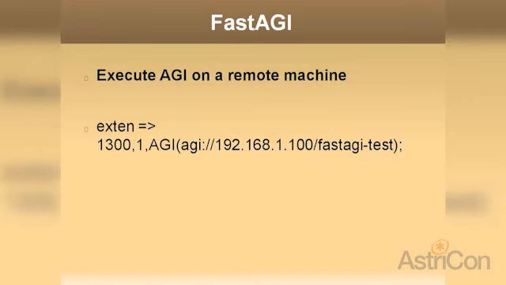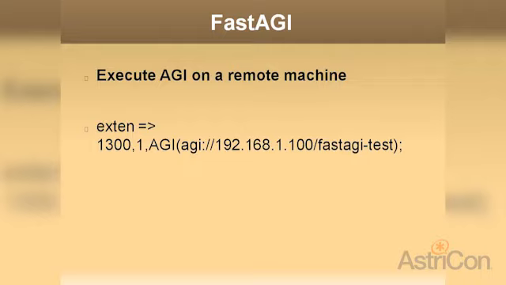Fast AGI. Fast AGI executes an AGI script, but on a remote machine. For example, I'd like to use fast AGI test, but you remember at the beginning I said you're going to fork a new process on your system.